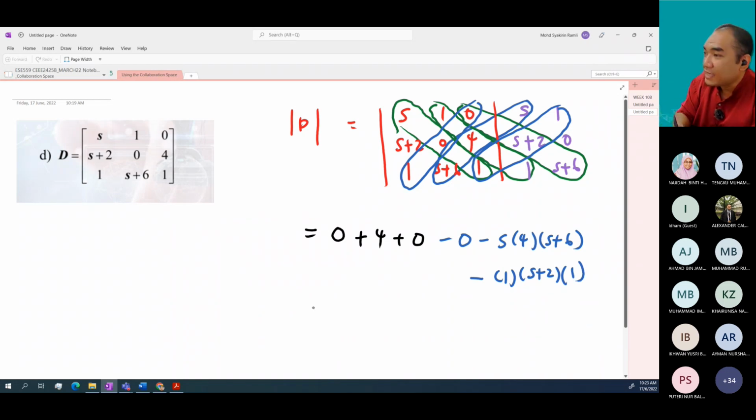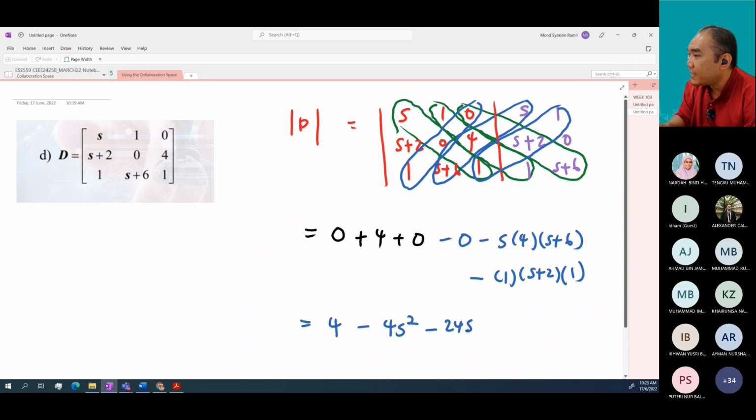And then we will get the determinant of the matrix D is simply equal to, you have to expand this expression. You got this is going to be 4. And then you got, ini adalah 4S. So this is going to be minus 4S square minus with 6, apa tu? Nanda dapat 24 kan? 24S.